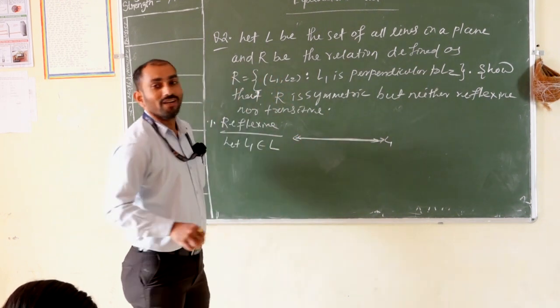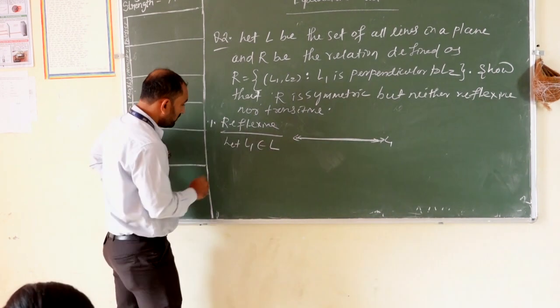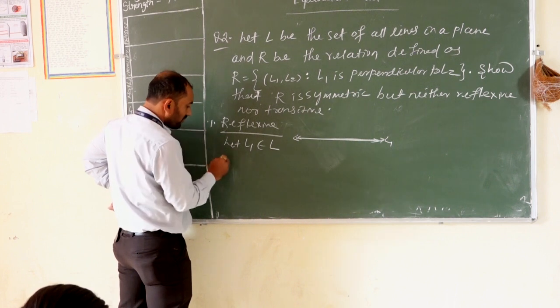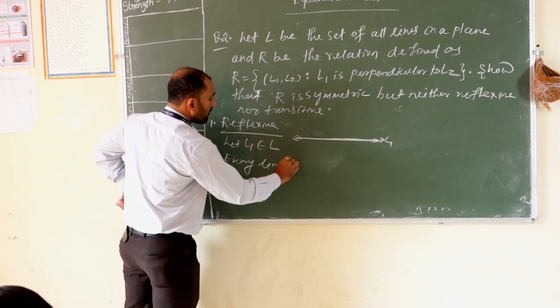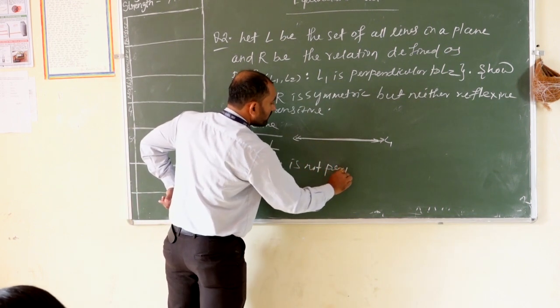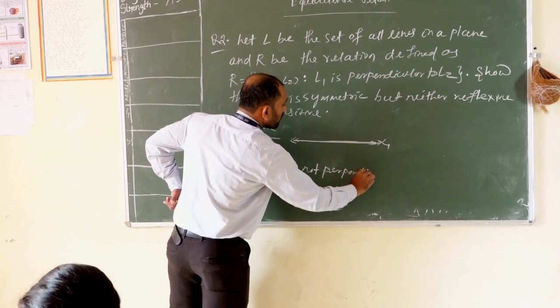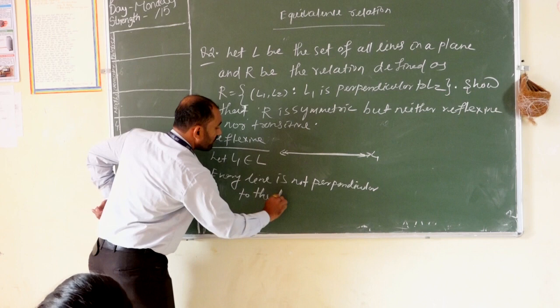They are coincident to each other but not perpendicular to each other. That means every line is not perpendicular to the line itself.